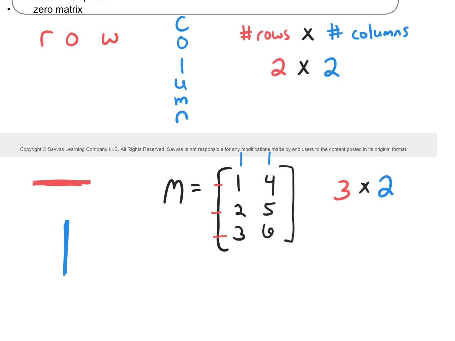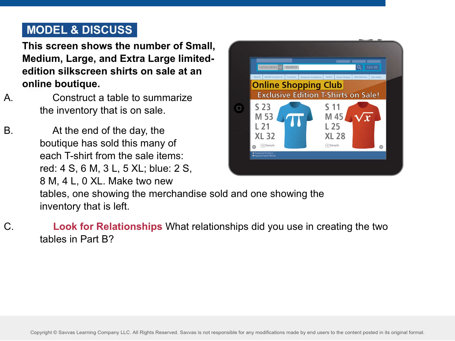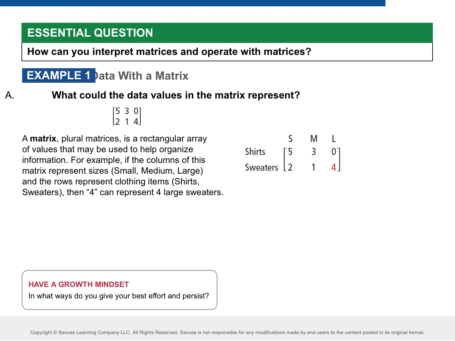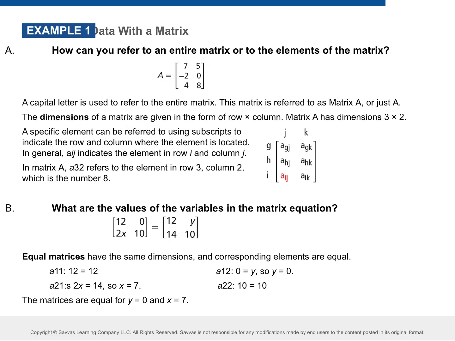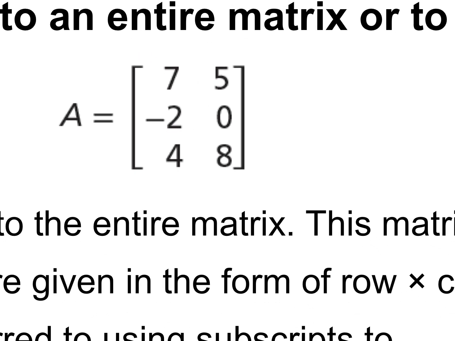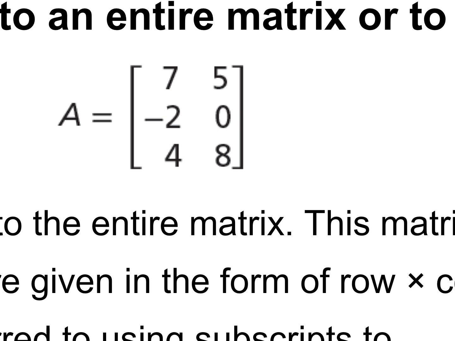You are never going to name these from columns to rows. It's always going to go rows to columns. So maybe write that down. Always have rows first, columns second. So go ahead and write this matrix down off to the side of example 1, matrix A. Now let's talk about what we can name this matrix.